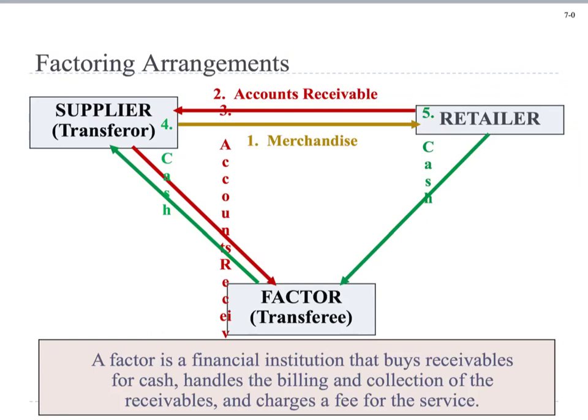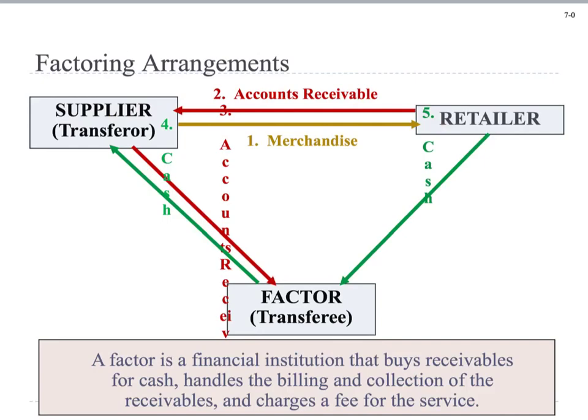So the way that a factor would work is that you are the retailer, okay? You're buying something from the supplier. So you're buying it on accounts receivable. So the supplier now has the accounts receivable. You're getting the merchandise.